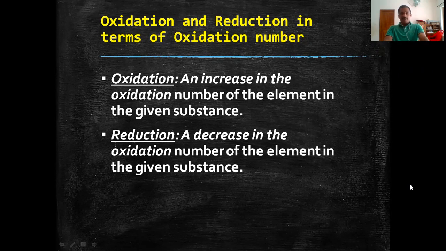In the given substance. For example, consider the reaction between magnesium and oxygen. Magnesium combines with oxygen to give magnesium oxide. In the elemental state, the oxidation state of magnesium is 0, and in magnesium oxide, the oxidation state of magnesium is +2.